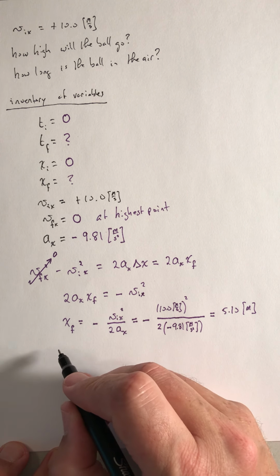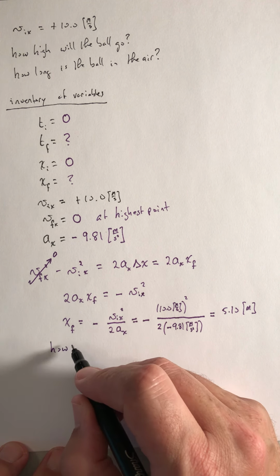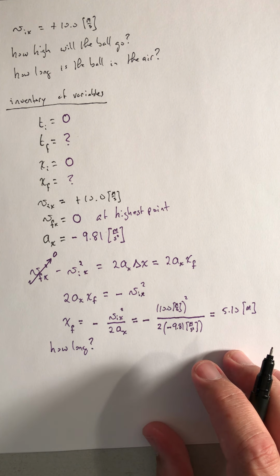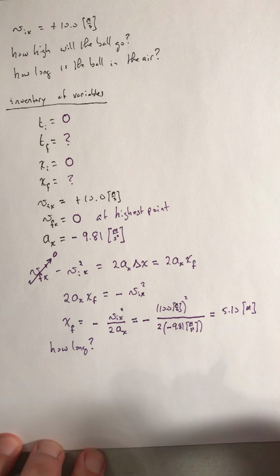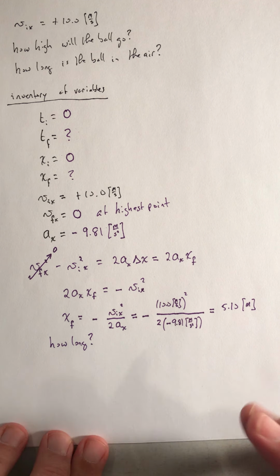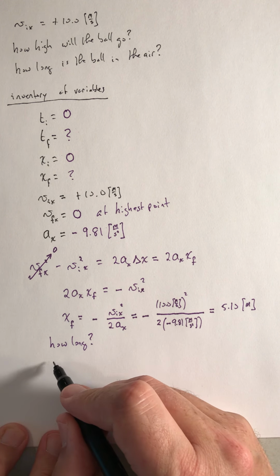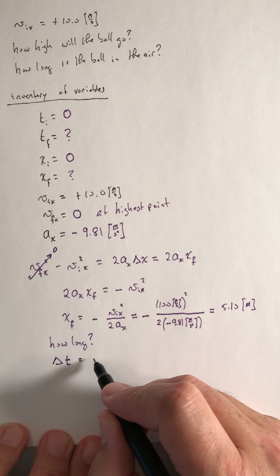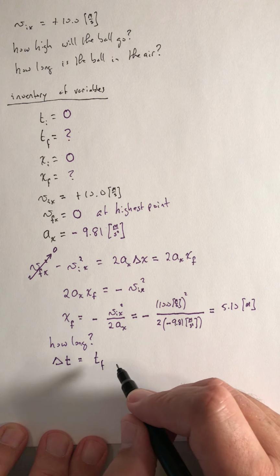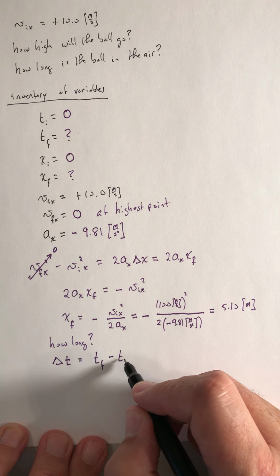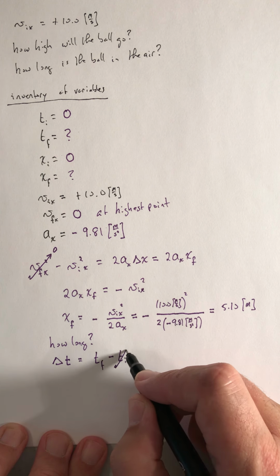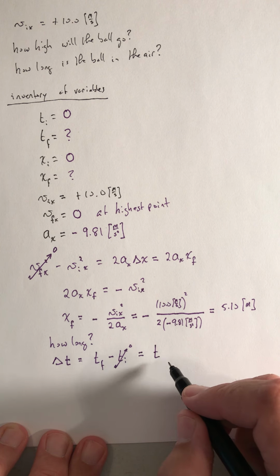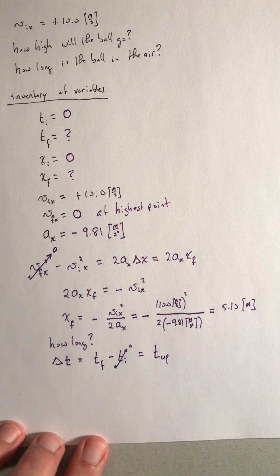How long is the ball in the air? To use that, I'm going to try to be careful with my variables a little bit. So delta t, t final, which corresponds to the highest point, minus t initial, which we took to be 0. I'm going to call that the time to go up.